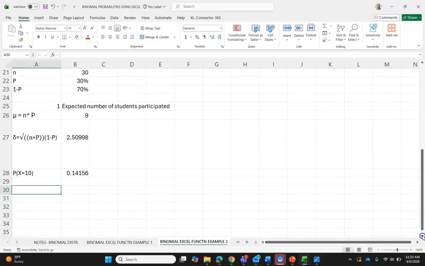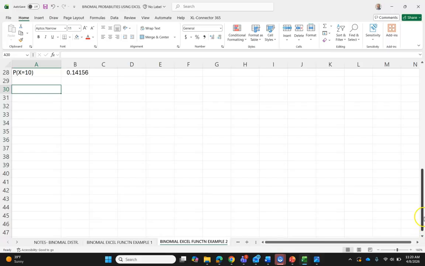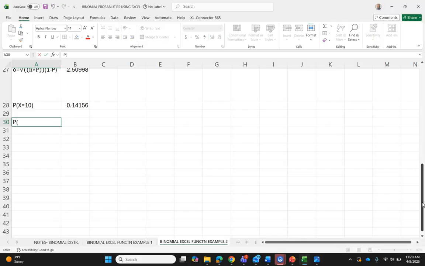How do we type that probability? We can write it as follows: probability of x such that x is less than or equal to 14. That's the probability of at most.